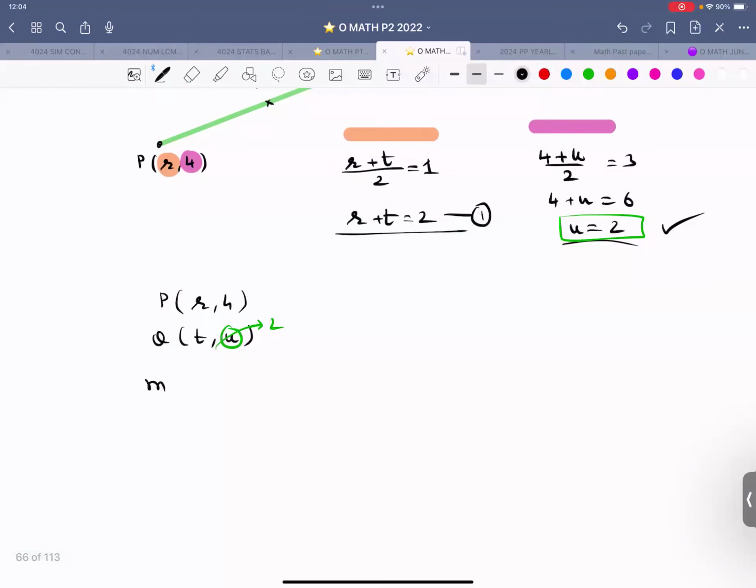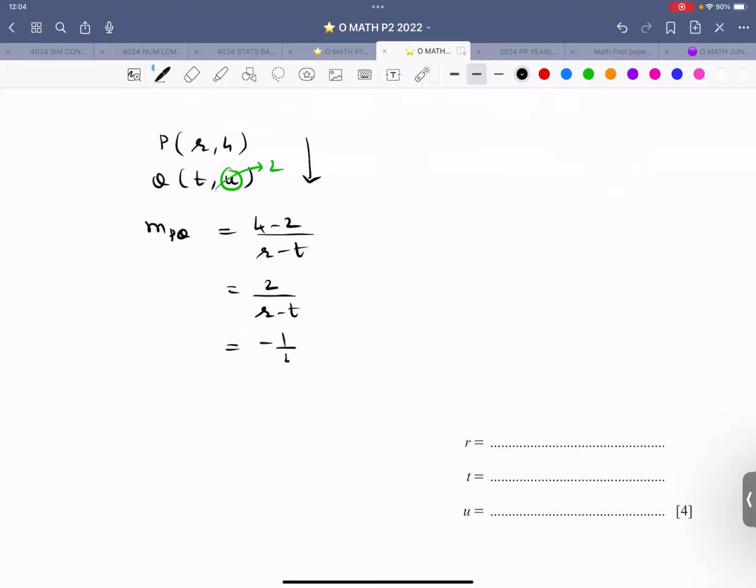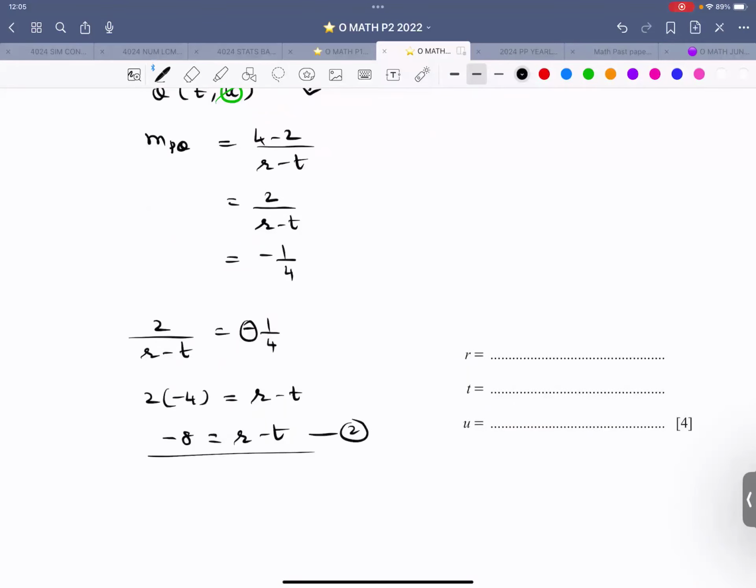So gradient of PQ, going in this order, is (4 minus 2) over (R minus T). This is 2 over R minus T, which is negative 1/4. Therefore, cross multiply: 2 times negative 4 equals R minus T. So negative 8 is R minus T. This is equation 2.